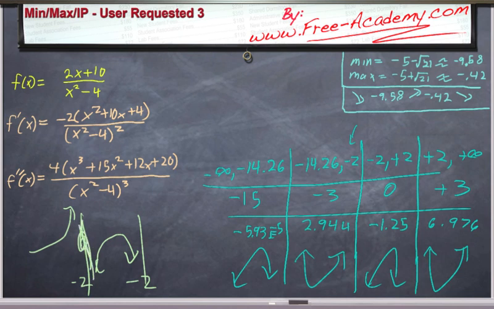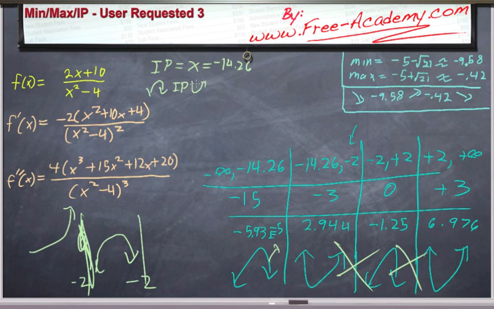Well, there's no inflection point here, it just jumps, so asymptotes don't count. So this is not an inflection point, this is not an inflection point. The only inflection point that occurs is at negative 14.26. So your inflection point equals x equals negative 14.26.